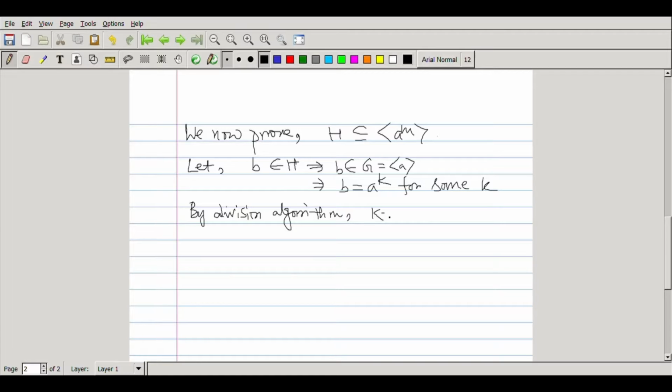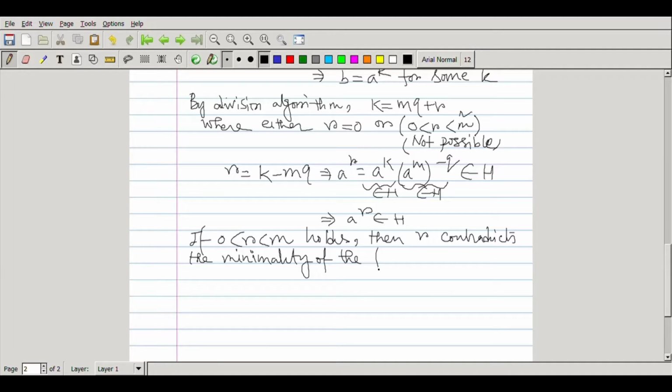But if we take the condition 0 less than r less than m, if this holds, then r contradicts the minimality of small m, because small m was the minimal such integer for which a to the power m is in H, but in this case we would have got a to the power r is in H, and this would contradict the minimality of small m.